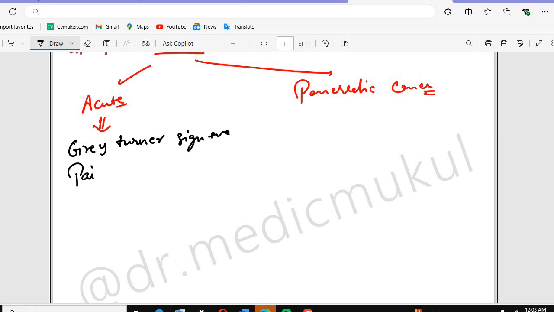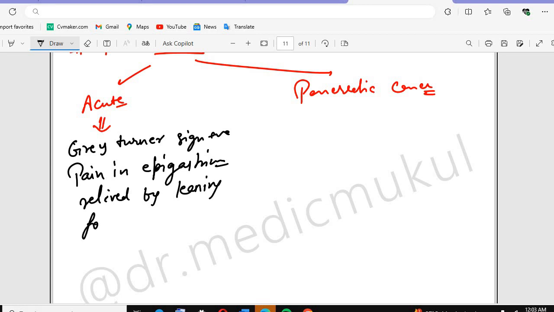There would be pain in the epigastrium. That is relieved by, this is very important, relieved by leaning forward. And there will be the Cullen sign.